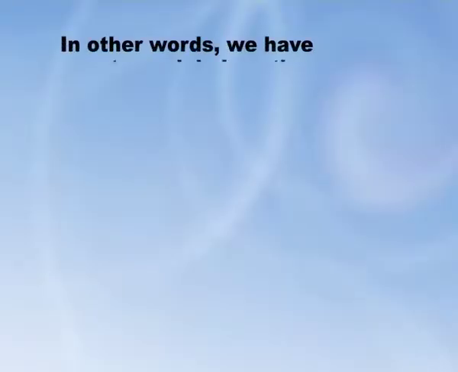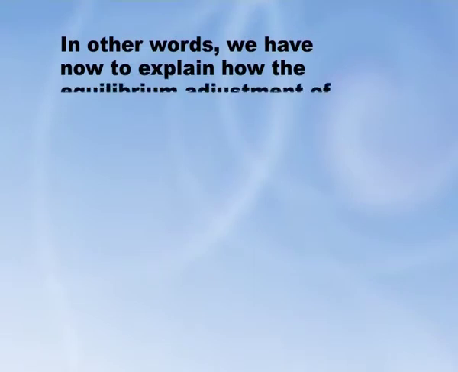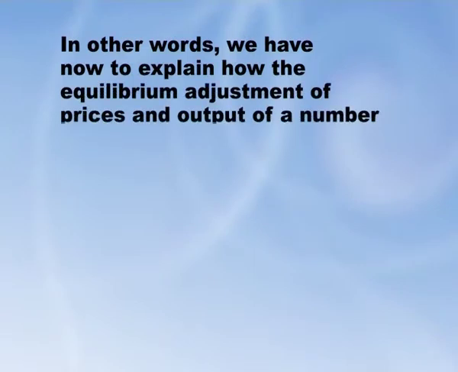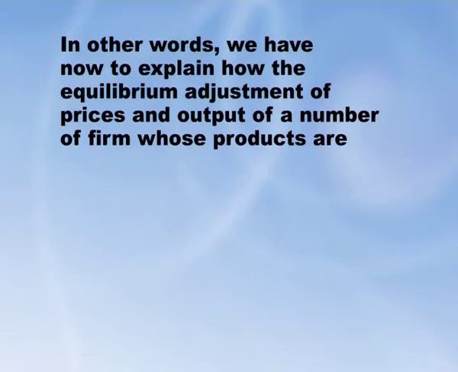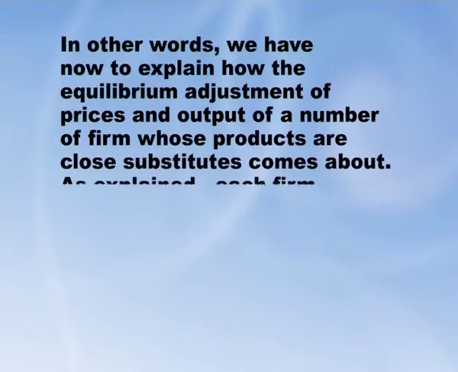When we explain the long-run price-output equilibrium of the firm working under monopolistic competition, we in fact explain how the group of firms producing a differentiated product comes to be in equilibrium. In other words, we have now to explain how the equilibrium adjustment of the prices and output of a number of firms whose products are close substitutes comes about.